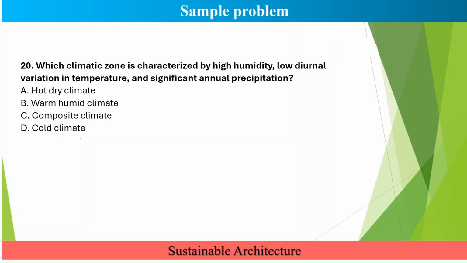B. Warm humid climate. I have received one answer. Let the others give answers and understand the question very well. The characteristics of the climatic conditions are given, so which climate zone will it fall under?